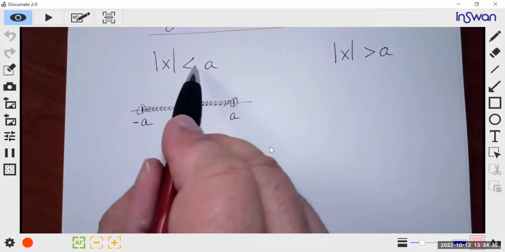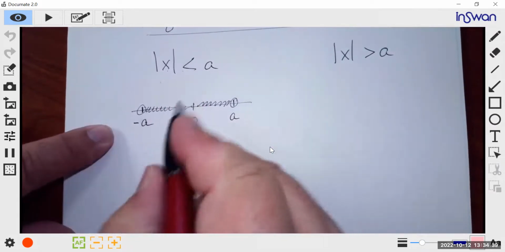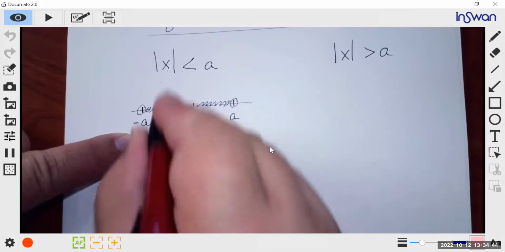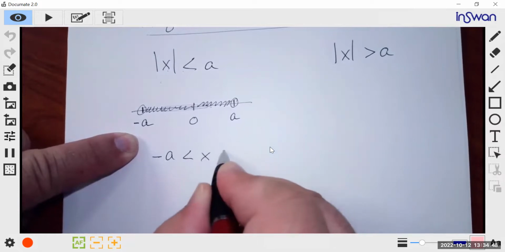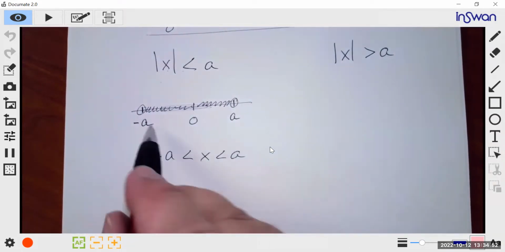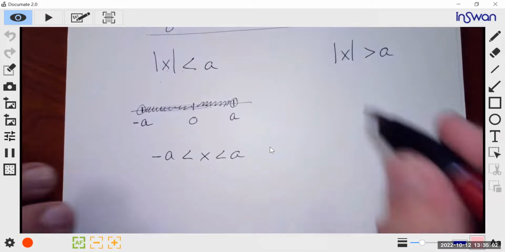So if the absolute value of x is less than a number, x is between negative a and positive a. So if I drop the absolute values, I get that equation, because it has to be between those two numbers. Make sense? So if you look at it that way, it makes sense, I hope.